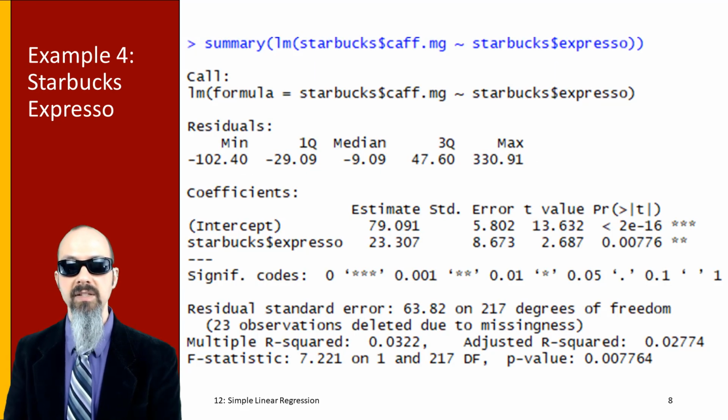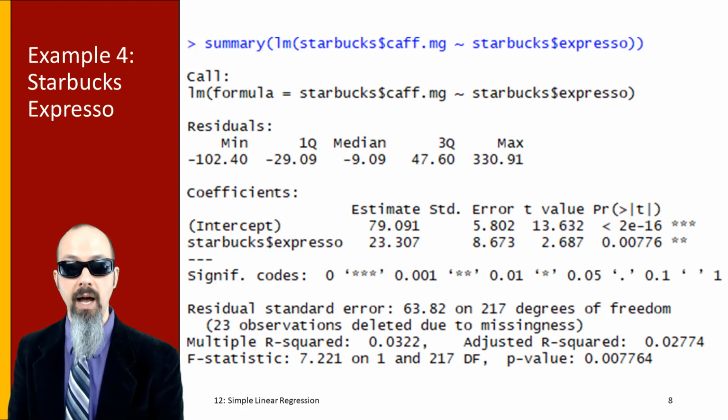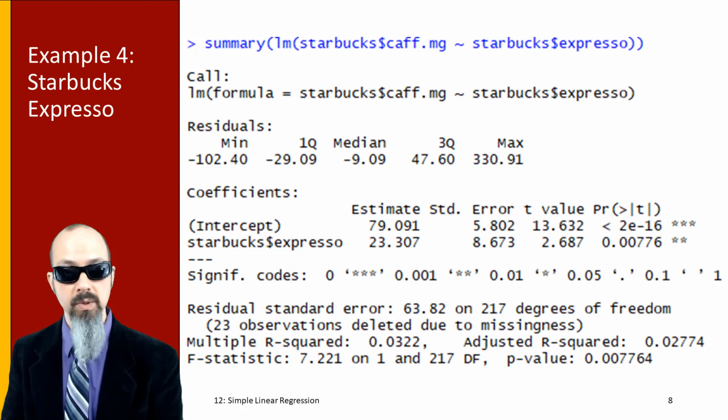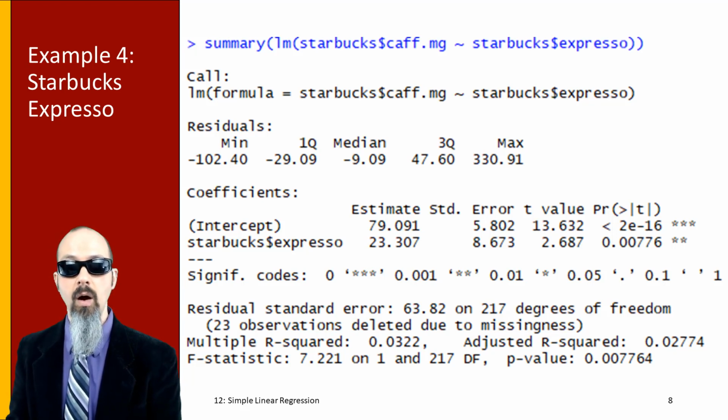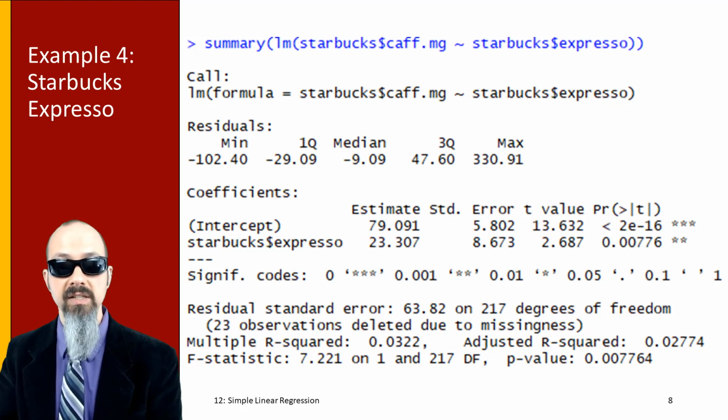So let's go ahead and flip this into the regression here. I'm regressing the amount of caffeine in milligrams on being an espresso drink or not. It is highly statistically significant, as we saw with the correlation. The coefficient for being an espresso is 23.3 rounded. So we can take that to say that an espresso drink compared to non-espresso drinks would have an expected increase of 23.3 milligrams of caffeine.